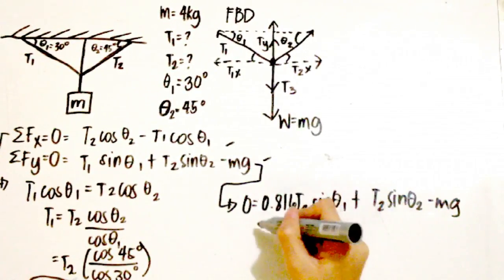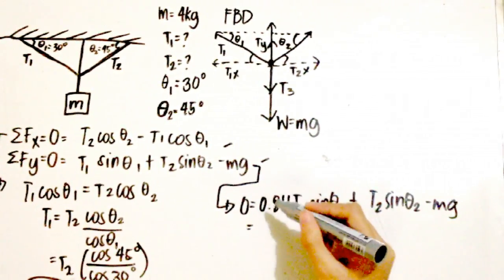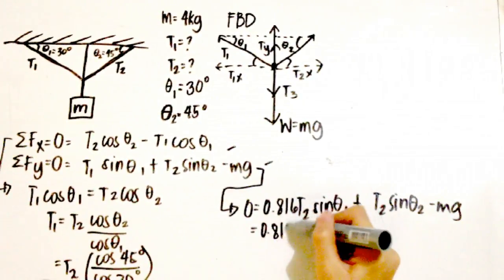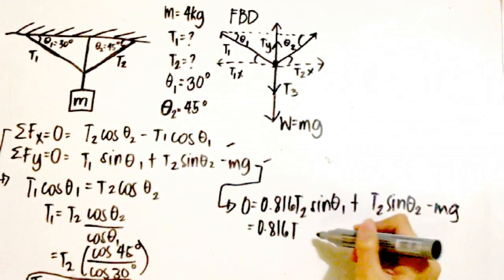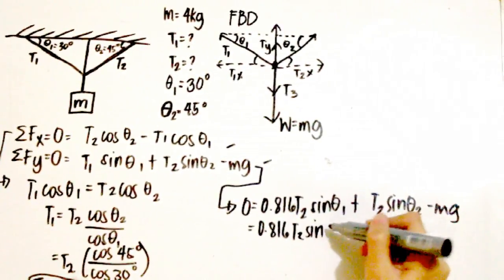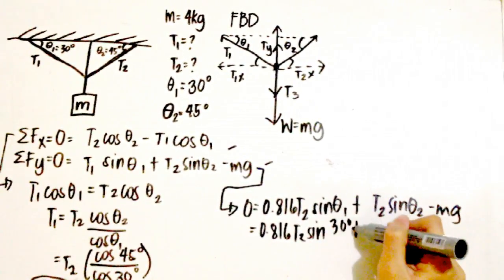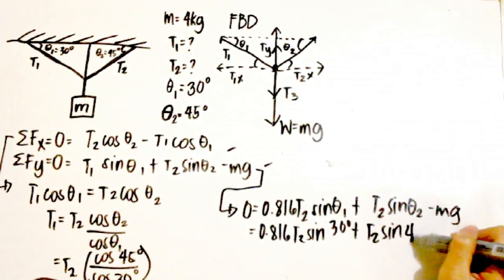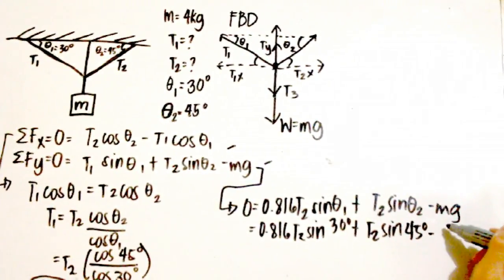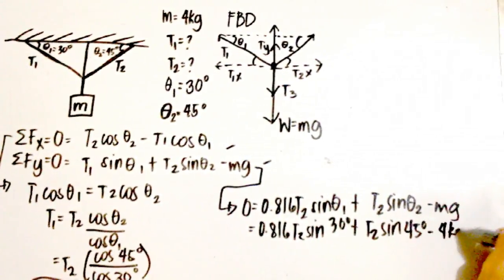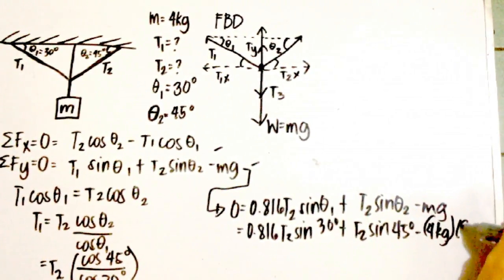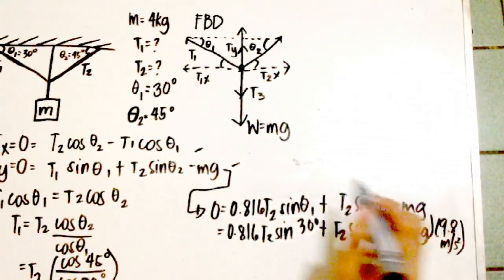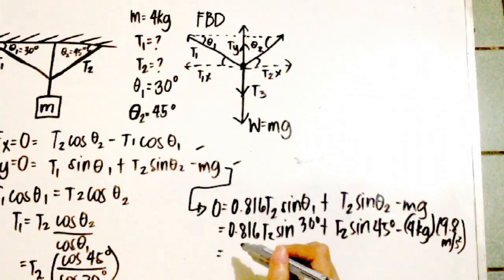So there, let's substitute all the sine theta, so 0.816 T2 times sine 30 degrees plus T2 times sine 45 degrees minus 4 kilogram, which is the mass of the object, times 9.8 meter per second squared, which is the gravity.